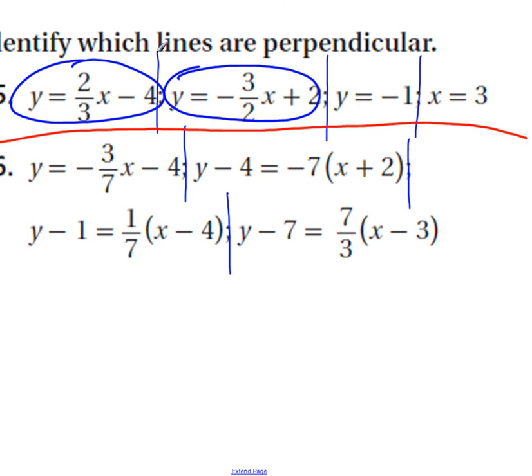So, looking at these last two, y equals -1, x equals 3. This one I would graph, because we're still not very familiar with what this means. If y equals -1, that is what type of line?